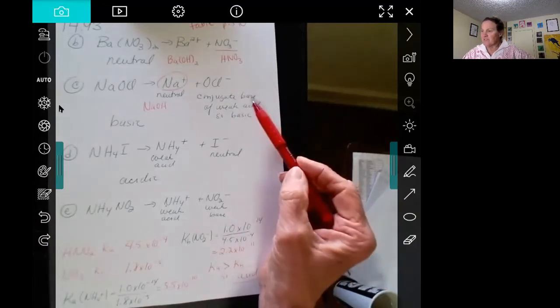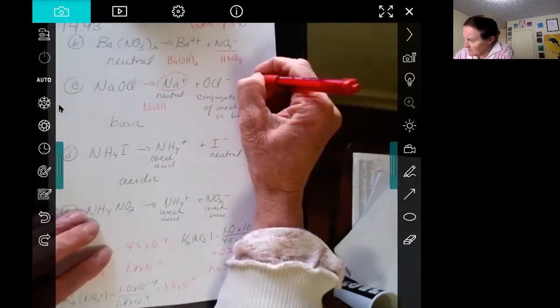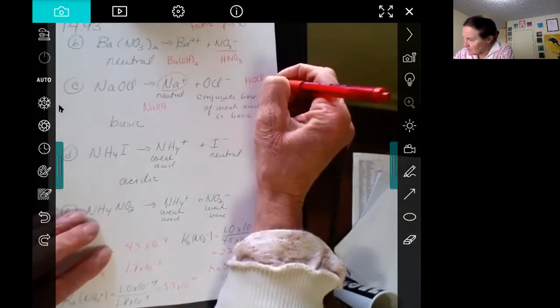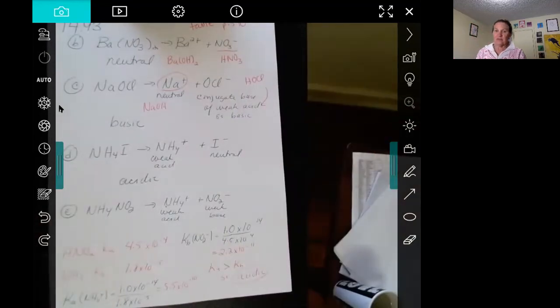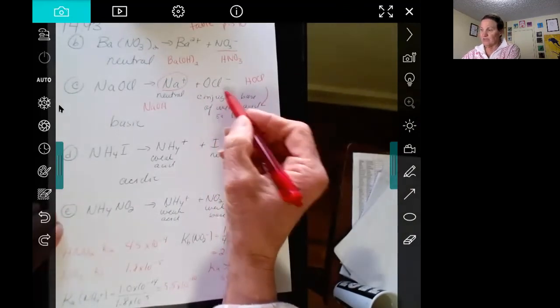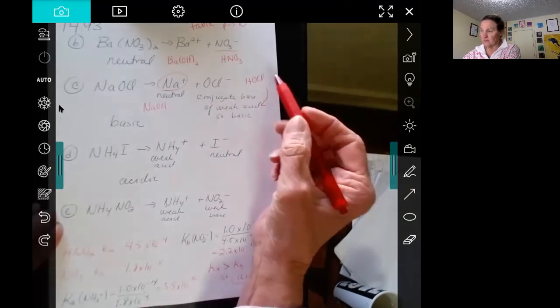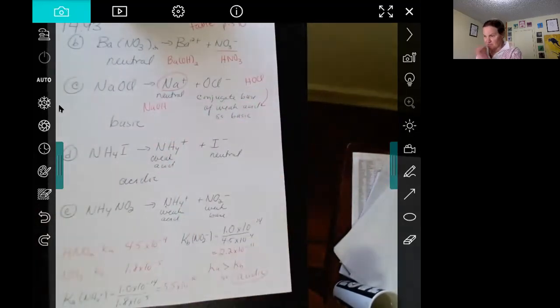But if we look in our Ka table, we will find the acid in the Ka table. So if HOCl is a weak acid, then OCl minus is a weak base. So when you put this in water, it will be in equilibrium to make OH minus. So that makes this whole solution slightly basic because this one was neutral.